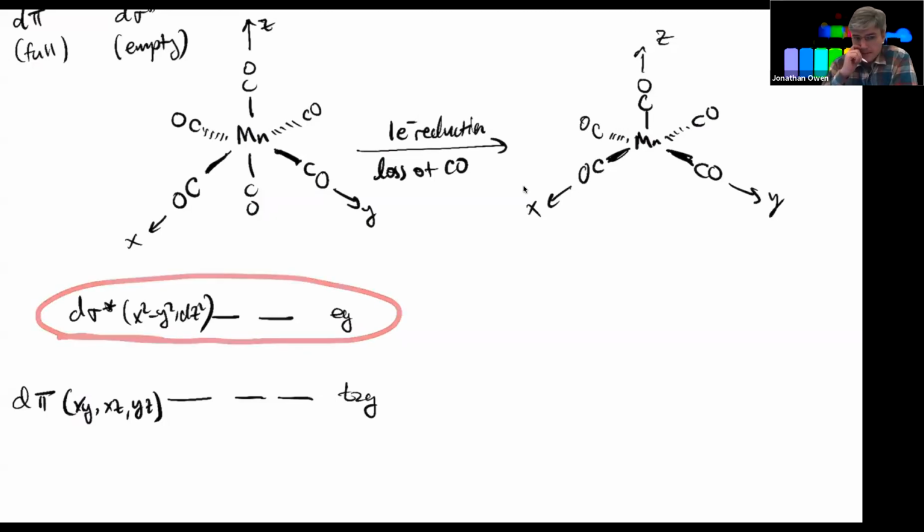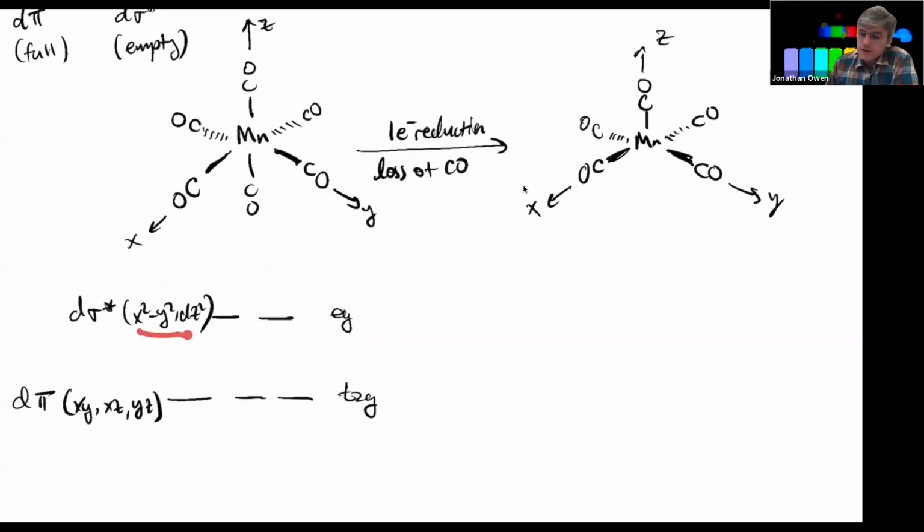So this level right here is x squared minus y squared and dz squared. And I've told you that it is d sigma star. That means that those orbitals point at the ligands and are making a sigma bonding interaction. So they're pointing directly toward the carbons, head to head. Now, xy, xz, and yz do not point at the ligands.